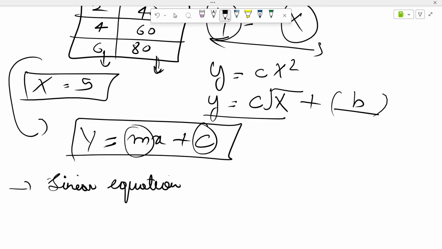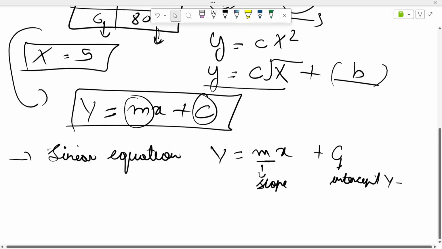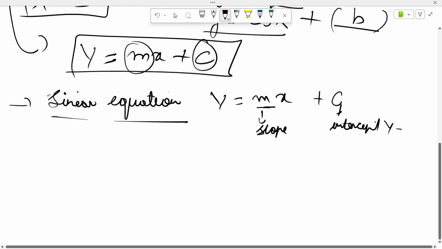In two variables, you have one variable y and one variable x, and a relationship between them denoted by m and c, where m is the slope and c is the intercept on the y-axis, correct? You studied this in childhood.